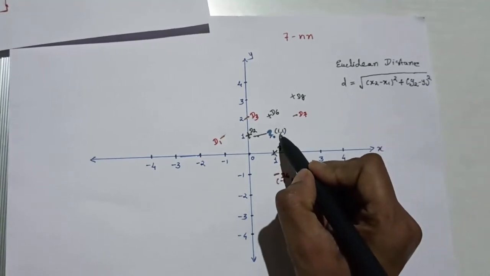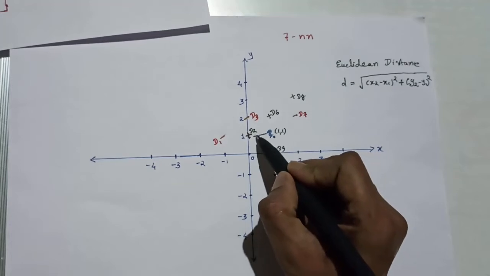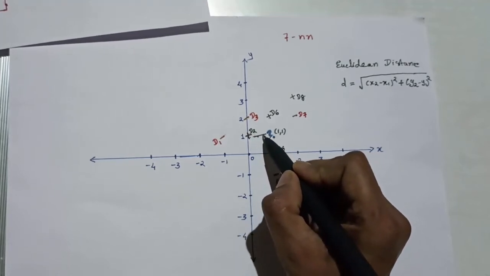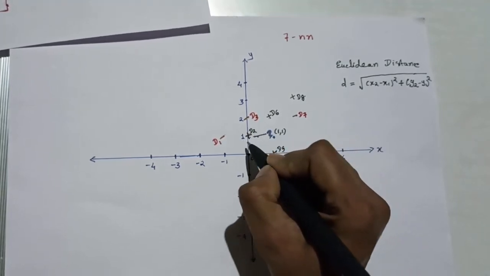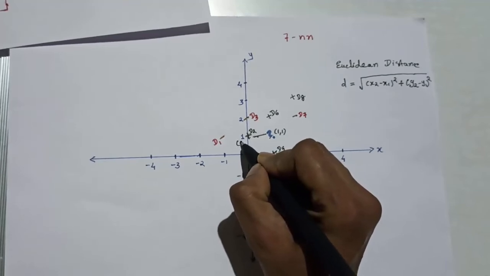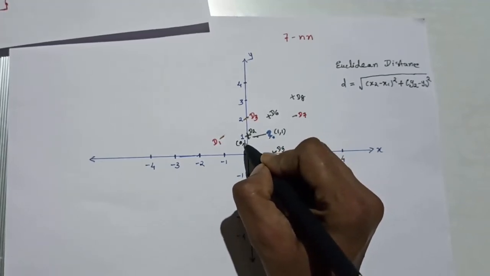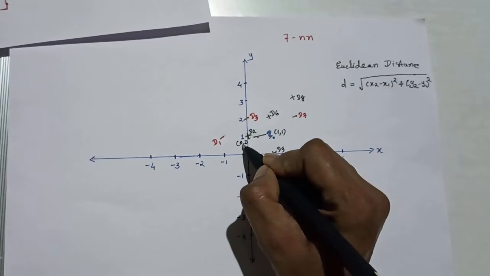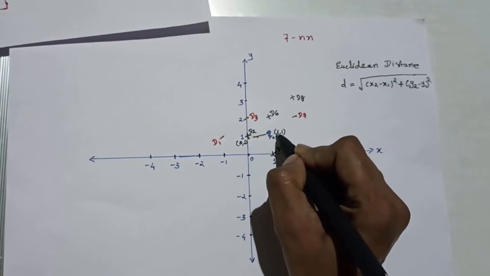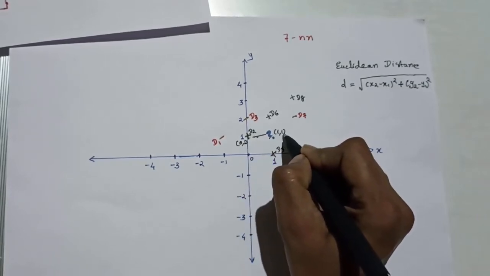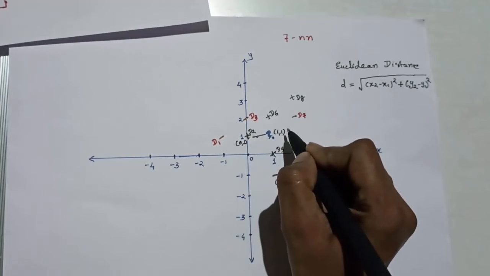So here x1 is 1. For finding the distance between these 2 points, for D2, x is 0 and y is 1. So 1 minus 0 whole square, that is 1, plus 1 minus 1 whole square, that is 0.